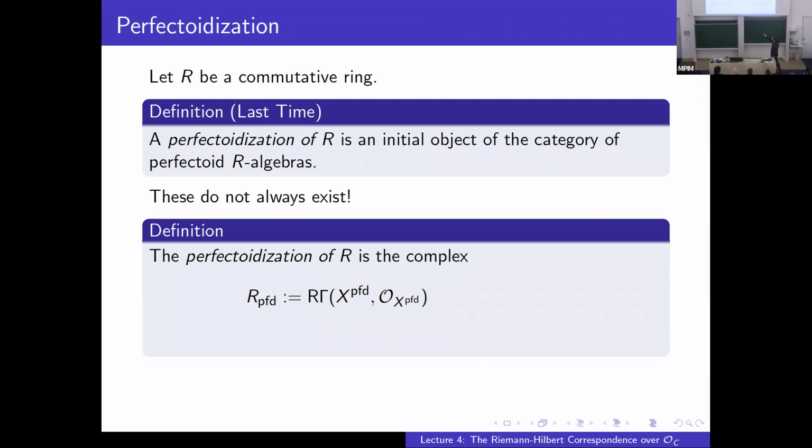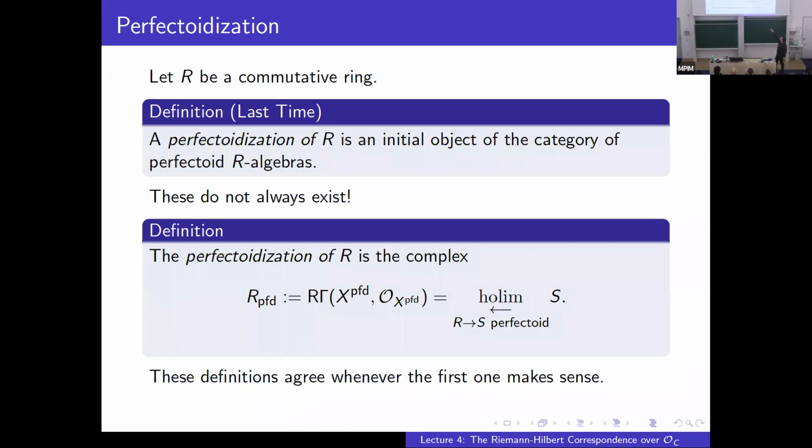You could take any ring R that you like and take the global sections of the structure sheaf on the perfectoidization of Spec R. And a more concrete description of that, you just take all perfectoid R algebras and take their homotopy inverse limit regarded as a chain complex. So now, if R has a perfectoidization in the sense of last time, then there's an initial object in the category of perfectoid R algebras, and you only need to take the subcategory consisting of that one object to compute the inverse limit. In other words, this definition agrees with the previous definition.